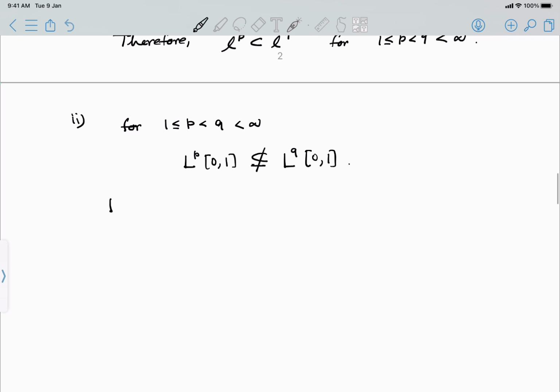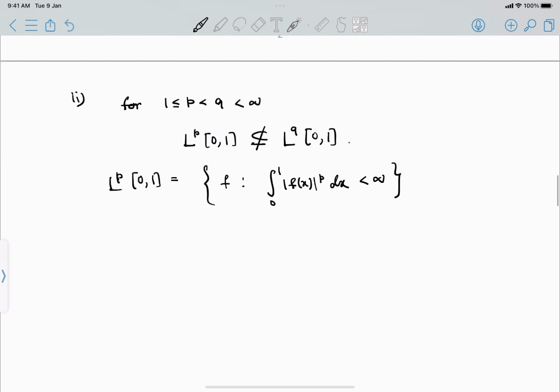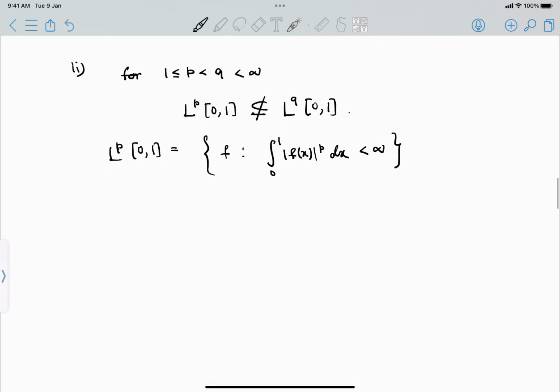What are Lp spaces? These are all functions which are Lebesgue measurable, such that the integral from 0 to 1 of |f(x)|^p dx is finite. So we'll show that Lp is not contained in Lq, so you will give a counterexample.